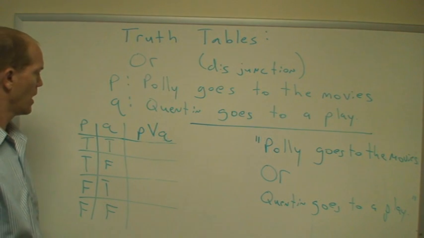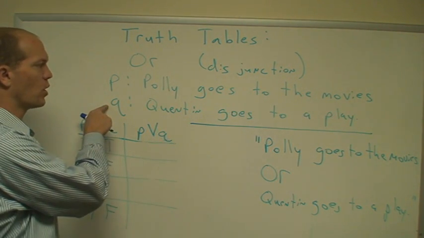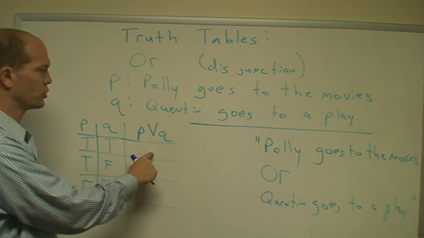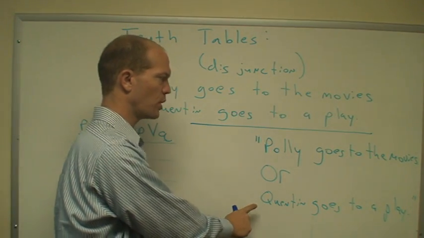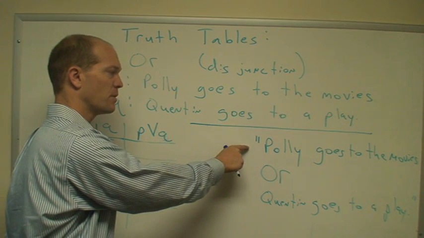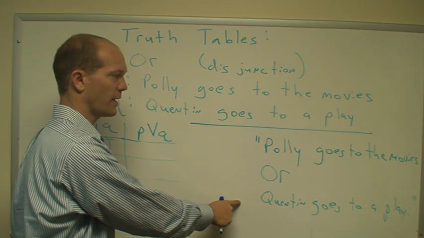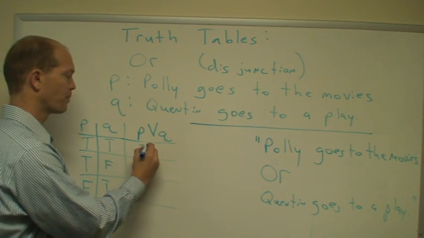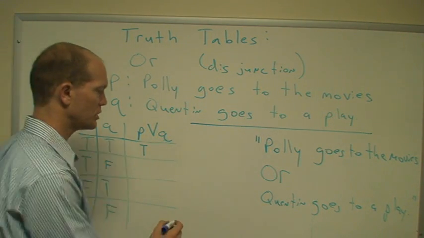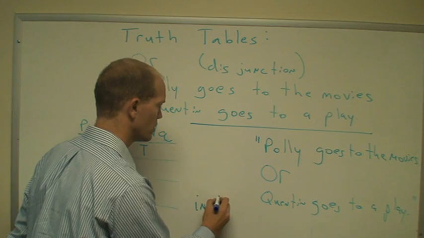Now, let's suppose both P and Q are true, as we see in the first row. That is, Polly does go to the movies, Quentin does go to a play. And we want to examine the statement Polly goes to the movies or Quentin goes to a play. This is logically considered to be true. This or here is considered the inclusive or.